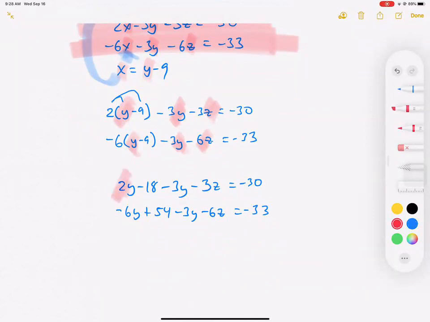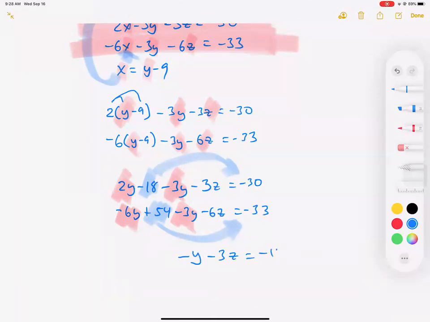Let's look at like terms. I have like terms of 2y and negative 3y, negative 6y and negative 3y. I can combine those. And this 18 here needs to be moved to the other side. 54 needs to be moved to the other side. When we do that, we end up with 2 minus 3 is negative 1y minus 3z equal to, moving that 18 over, negative 12, because we added 18.